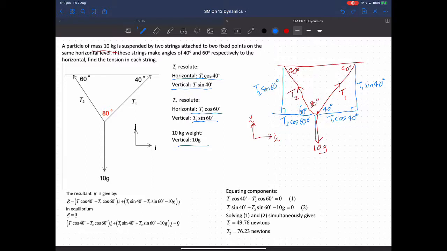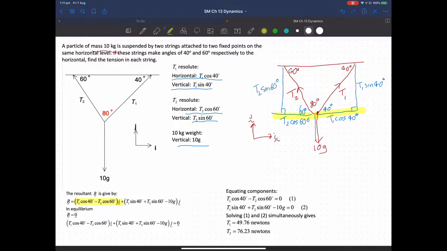So, if I consider horizontally from the particle going in the positive direction, I have T1 cos 40. In the negative direction, I have T2 cos 60. So I'm going to have T1 cos 40 minus T2 cos 60 in the horizontal direction, which is unit vector i.